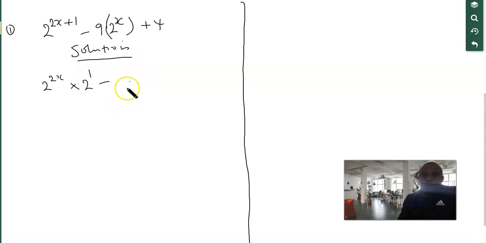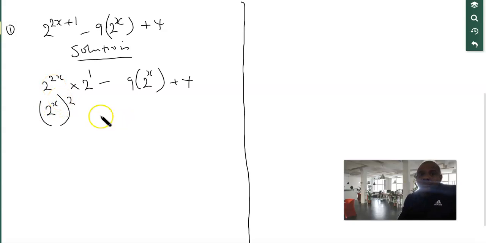So minus 9 raised to x plus 4. So I'm going ahead to change this equation to 2 raised to x, squared. So this equation is just converted. It's the same thing. Either 2 raised to x all squared or 2 raised to 2x, they're all the same.